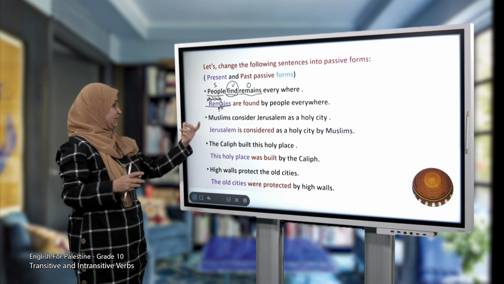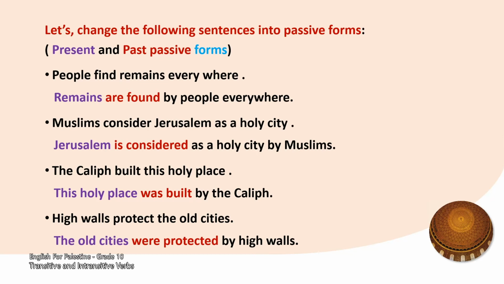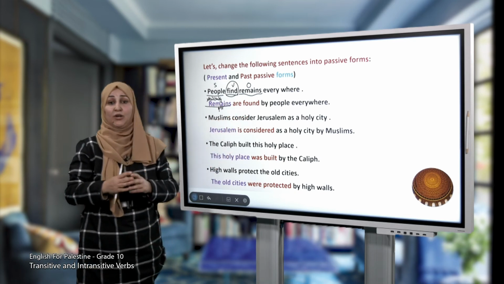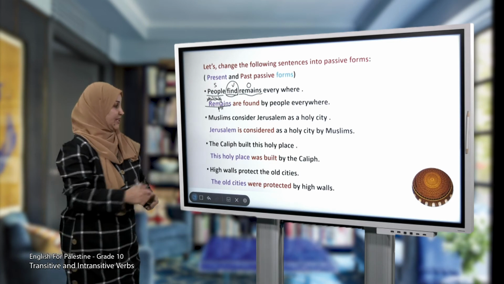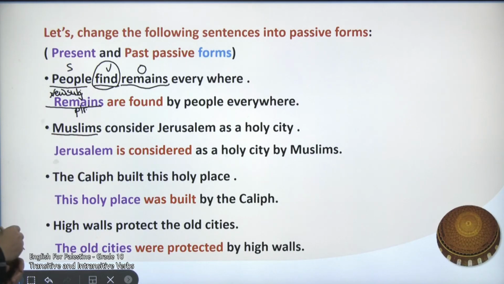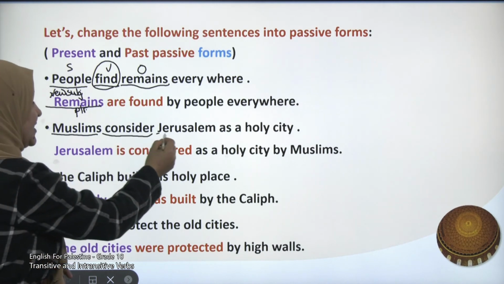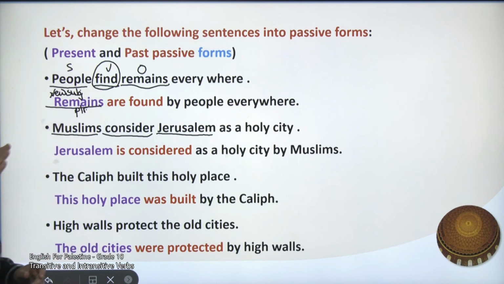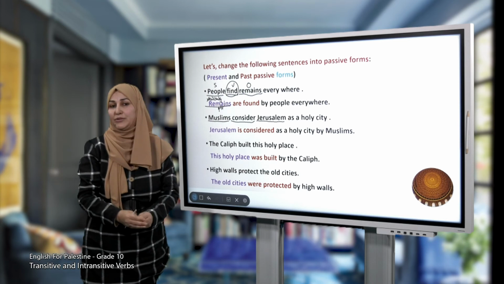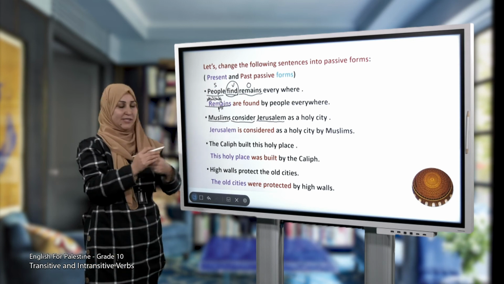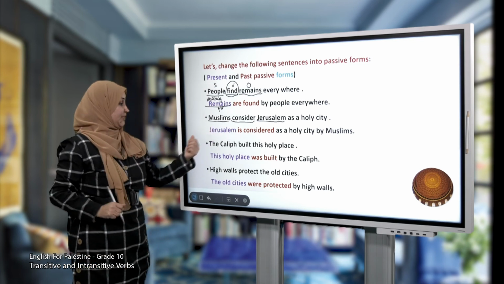Number 2, Muslims consider Jerusalem as a holy city. Where is the subject? It's Muslims. The verb is consider. The object is Jerusalem, and as a holy city is a complement. So, what are you going to do? Excellent. Put the object at the beginning. So, Jerusalem is the new subject.